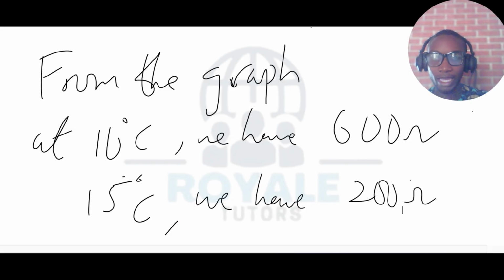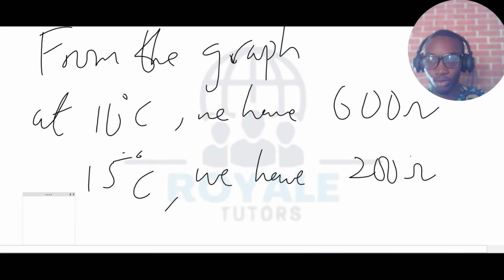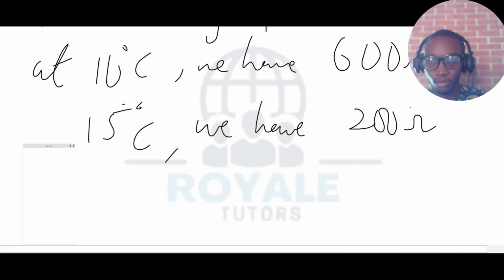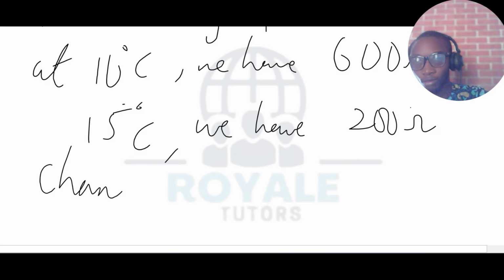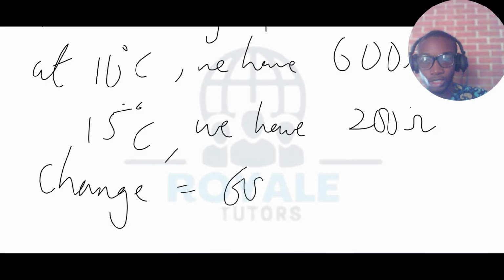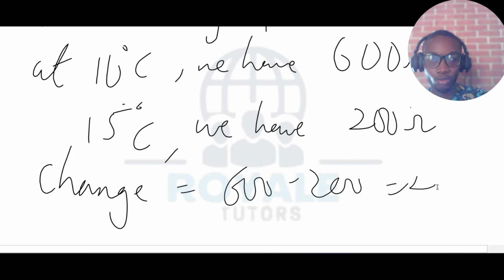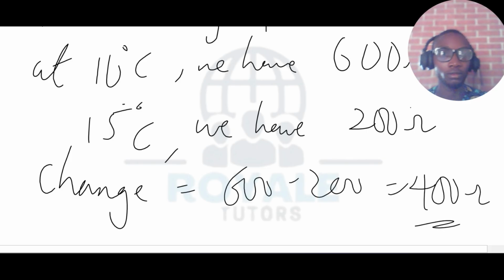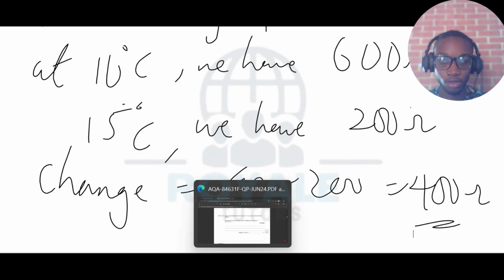So the change will be equal to 600 minus 200, which is 400. That makes sense. So let's go back to the questions.